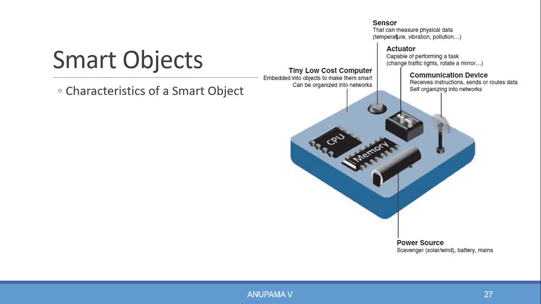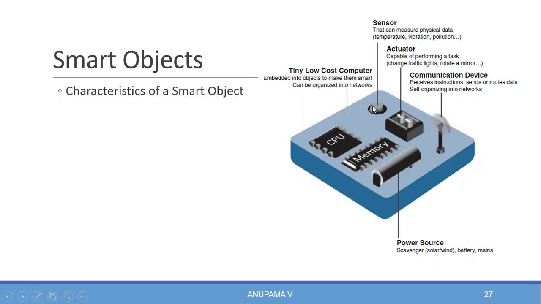Now we can see the characteristics of a smart object represented as a block diagram. Here you can see a smart object which has a tiny low cost computer embedded into the object to make it smart, which can be organized into a network.